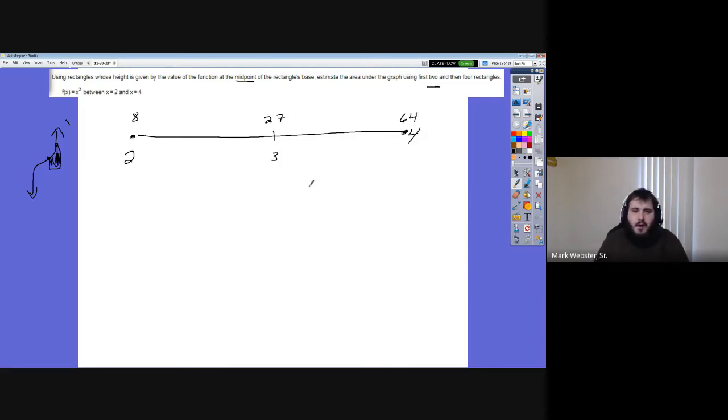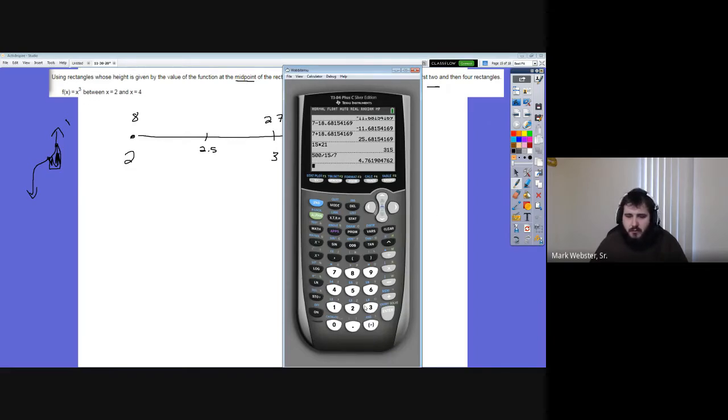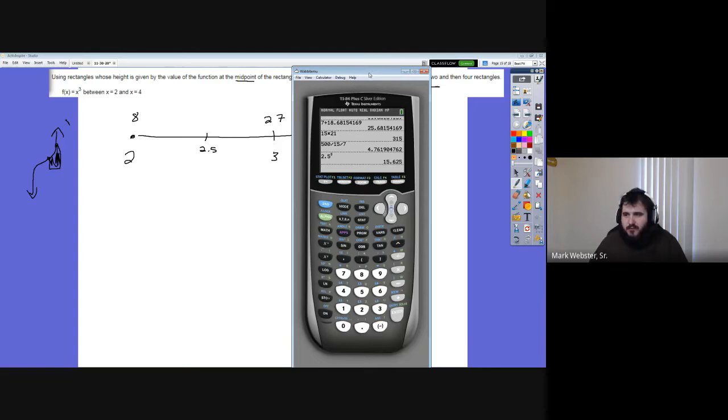So once again, we want to estimate the area underneath the graph using the midpoint. Well, what's the midpoint of the rectangle? What's halfway between 2 and 3? Isn't that 2.5? What's 2.5 cubed? That's a good question. Let's find out together. I don't want to have to do that. So 2.5 to the third is 15.625.